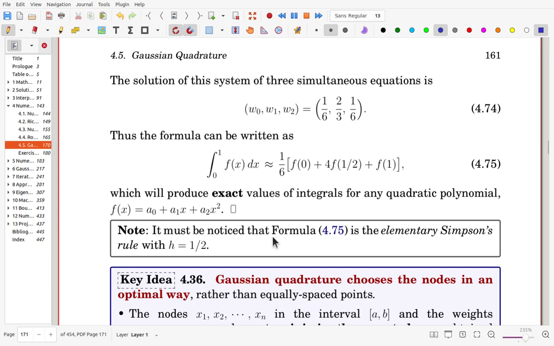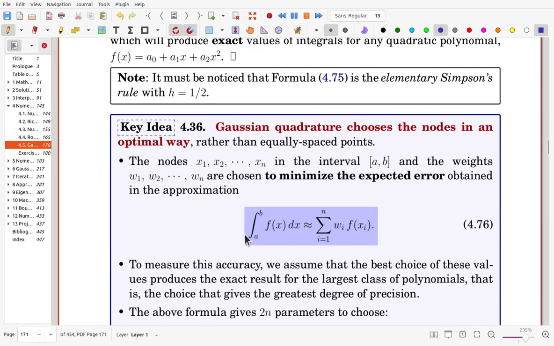Now here it must be noticed that this formula is the elementary Simpson's rule with h is 1/2. Originally in elementary Simpson's rule, this position is 2h, which is now 1, and here 1 for 1 contribution divided by 6, so it is a kind of average height.